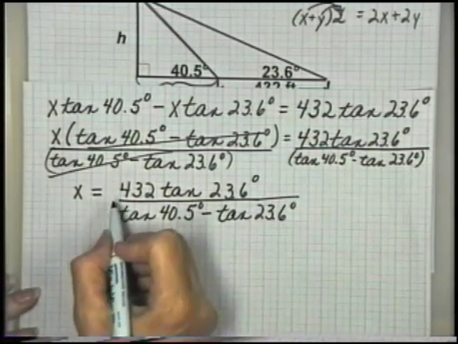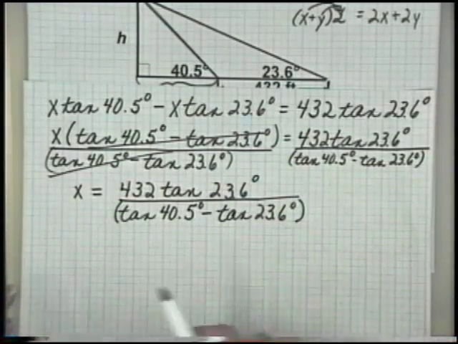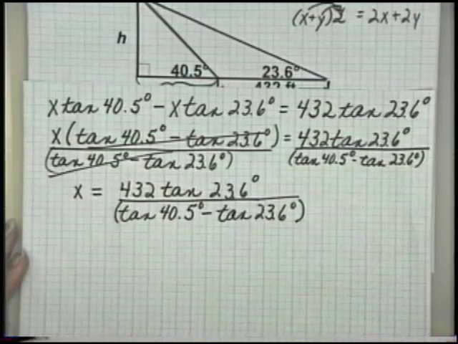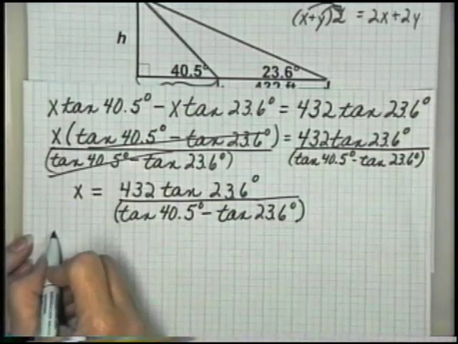I would suggest to you, when you put this in your calculator, it doesn't matter which kind, you're going to need these parentheses, so that might help you to remember that. I will give you the keystrokes for a scientific calculator.